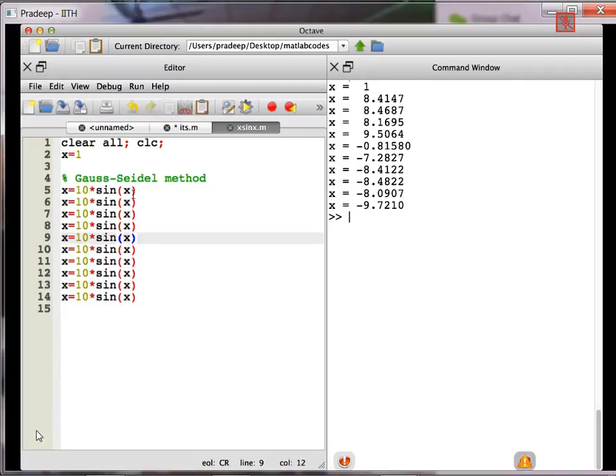Oh, I got what the problem is, because of sin x. Let's try with 3.